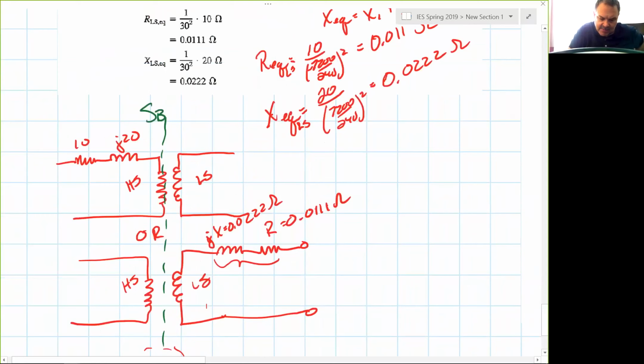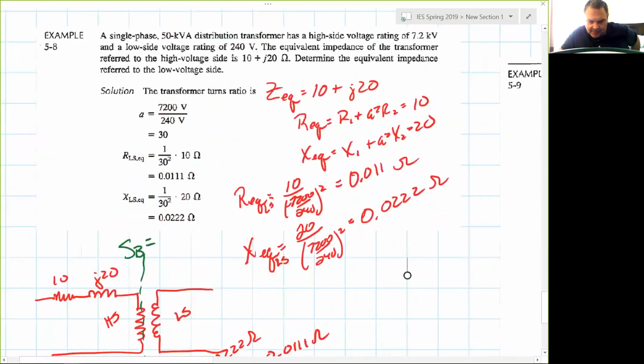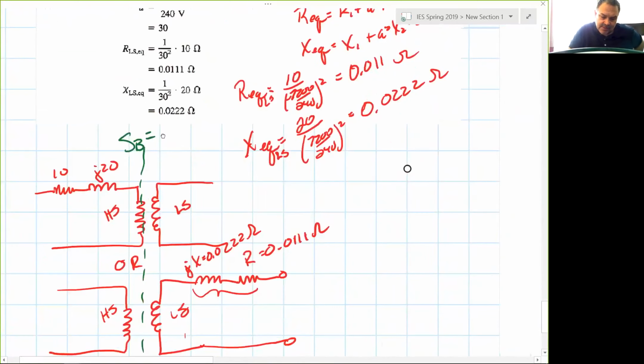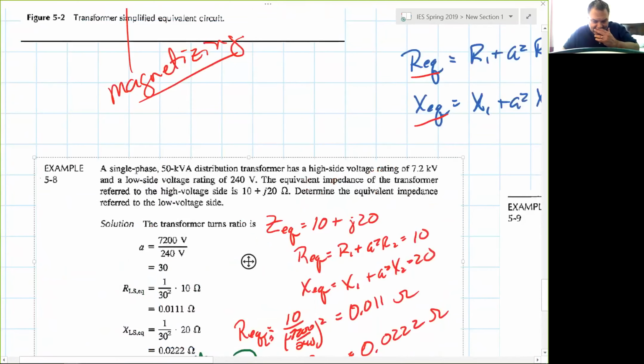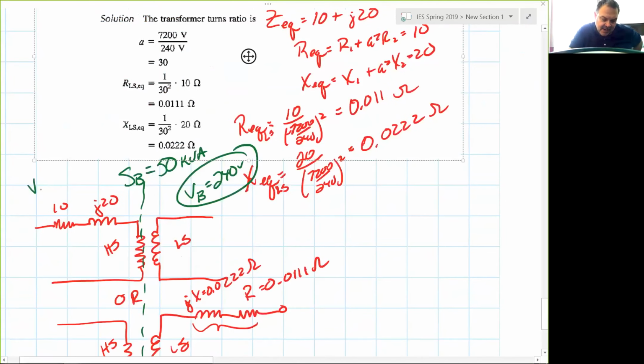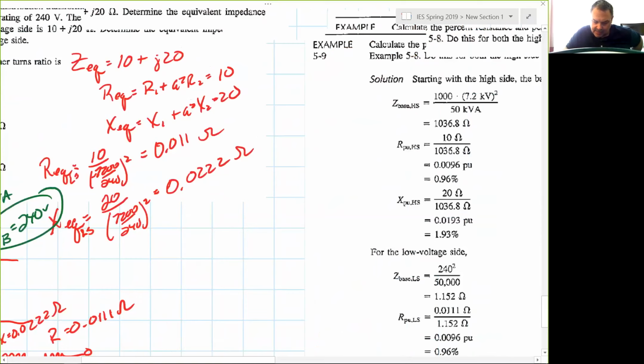I'm going to establish an S base; it was a 50 kVA transformer, so we're going to use S base of 50 kVA. Then on the low voltage side, we're going to let V base equal 240. It was rated 240. Yep. And the high side, V base equal to 7200.